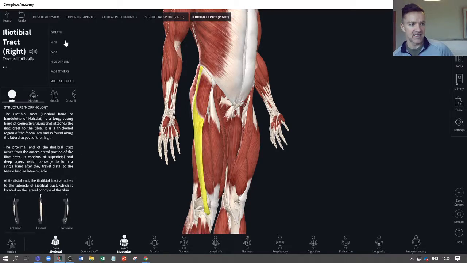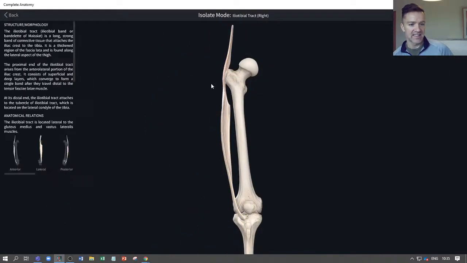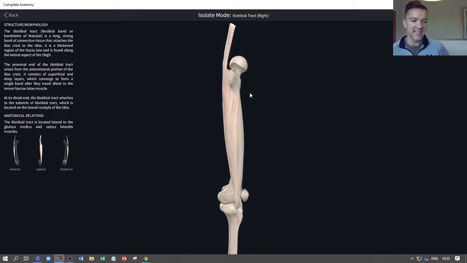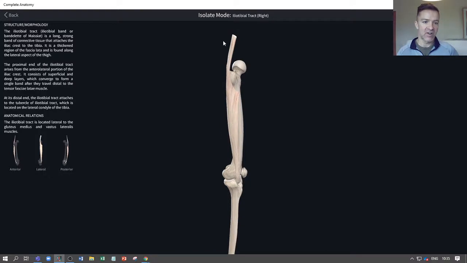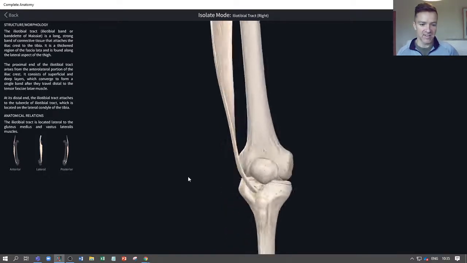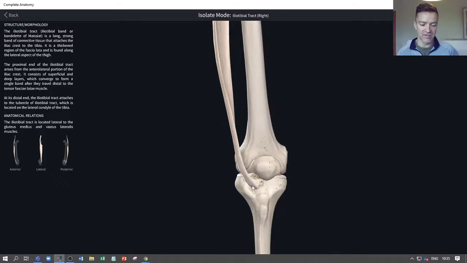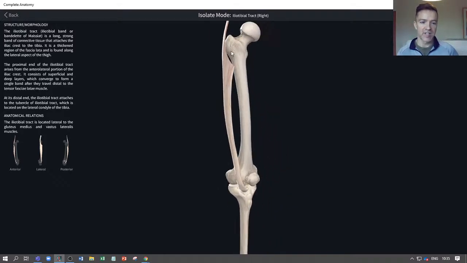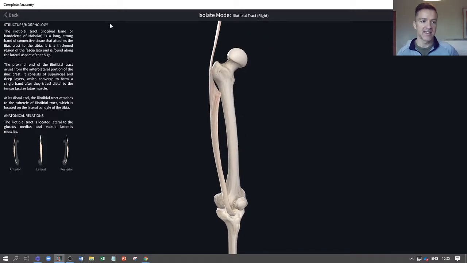Okay, that is this big band of connective tissue that attaches the iliac crest up at the top here to the tibia down here. So it inserts, we can see the front of the knee, onto the front of the knee there, and it's removed from it here, but the TFL muscle sits into this space here.